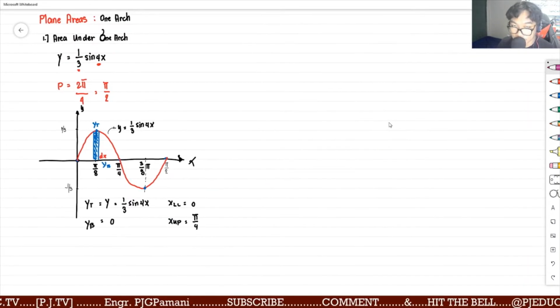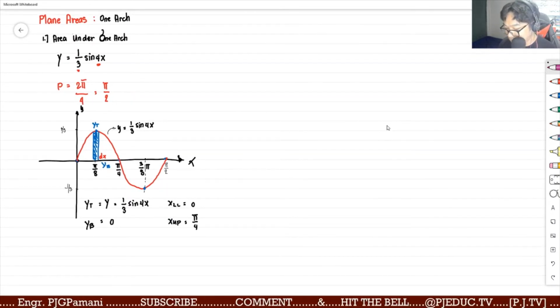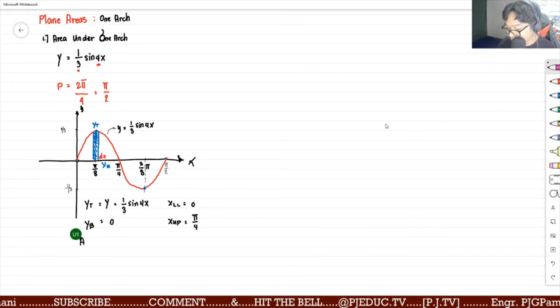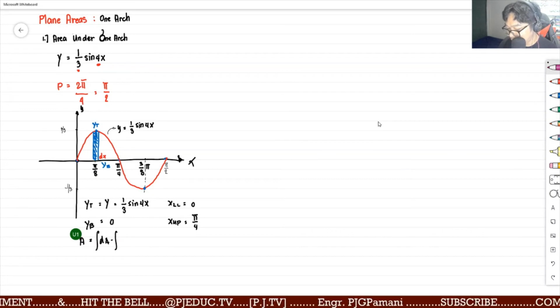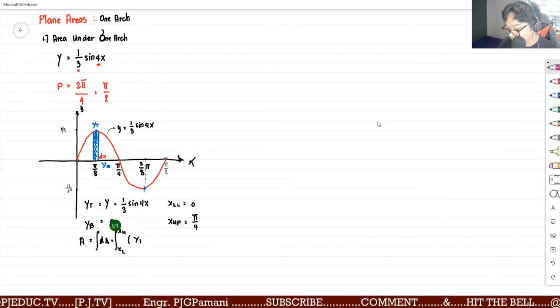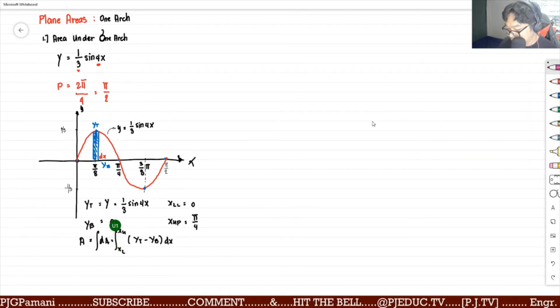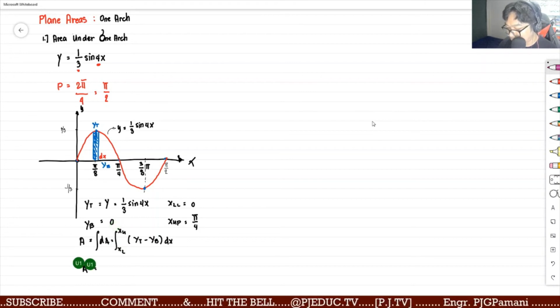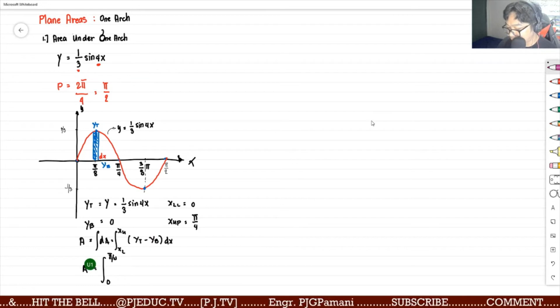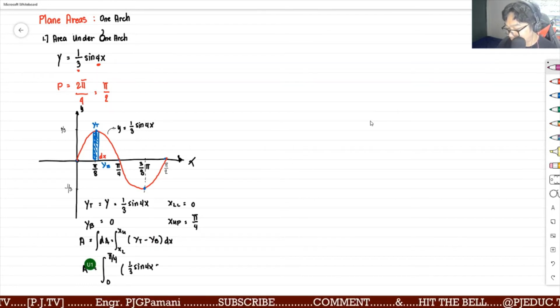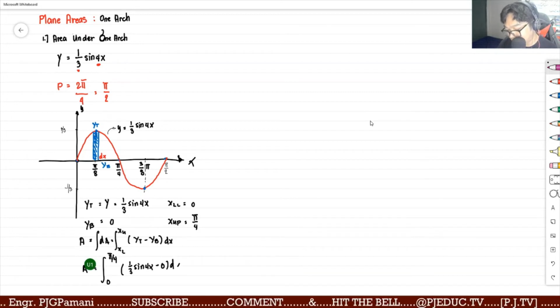Okay? Then, let us solve our area now. Area, simply differential area, equal now to integral from x lower limit to x upper limit, y top minus y bottom dx. Then, that is area differential 0 to pi over 4. Y top is 1/3 of sine 4x minus 0 dx.